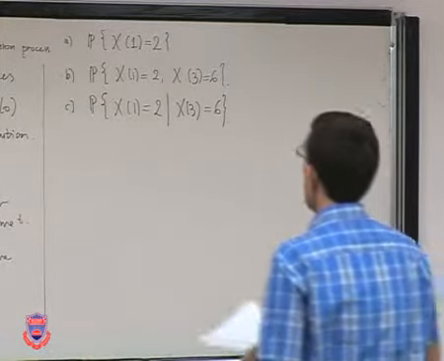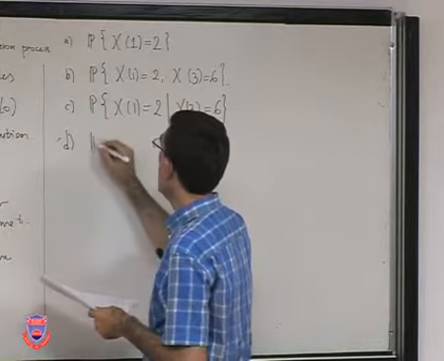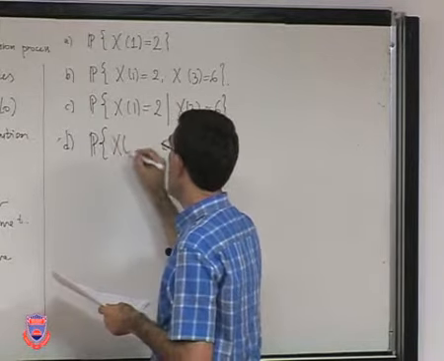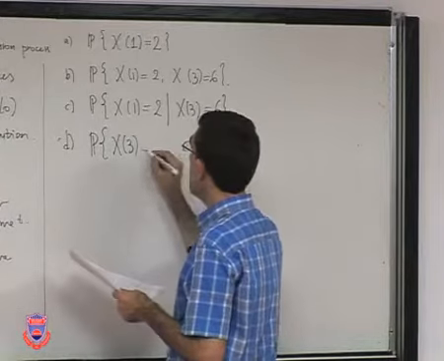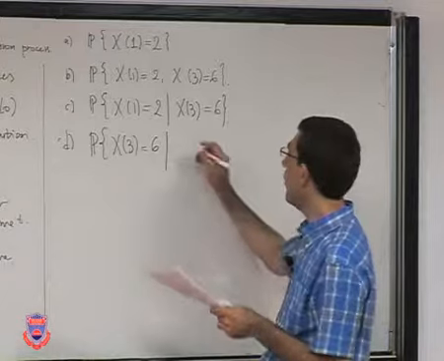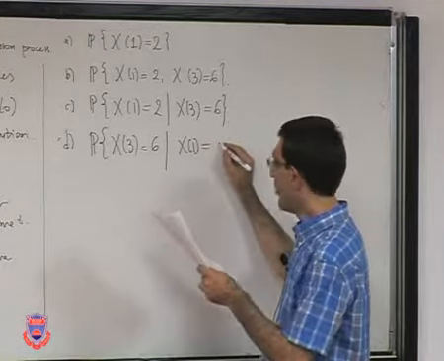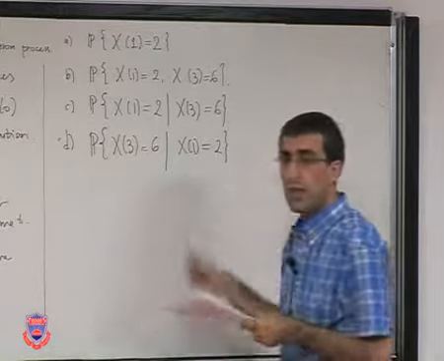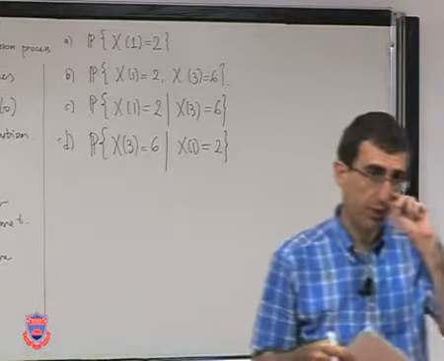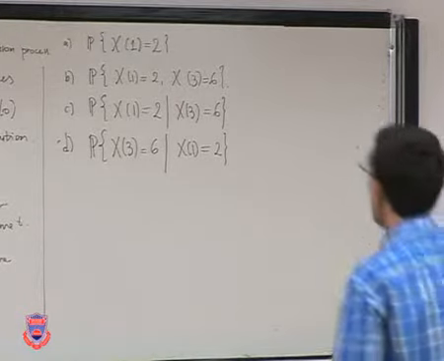And in part D, we would like to know the probability that 6 customers are going to enter until time 3 if we have already observed that until time 1, 2 customers have already entered the system. These are the probabilities that we would like to calculate.